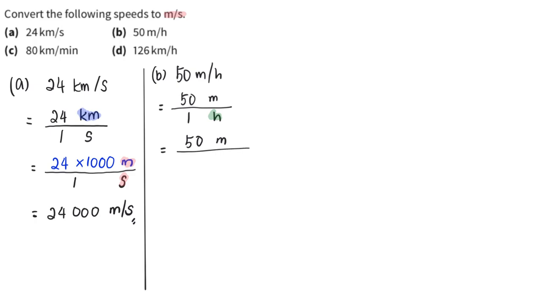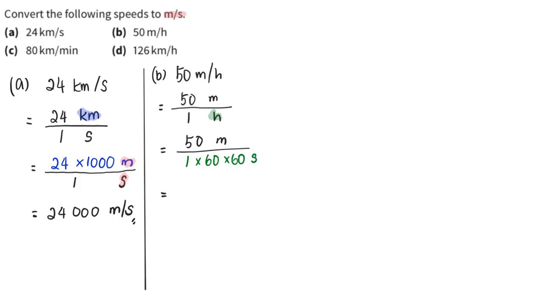So in 1 hour there is 60 minutes, and in 60 minutes there is 60 seconds. And that's what we will do to convert 1 hour to seconds.